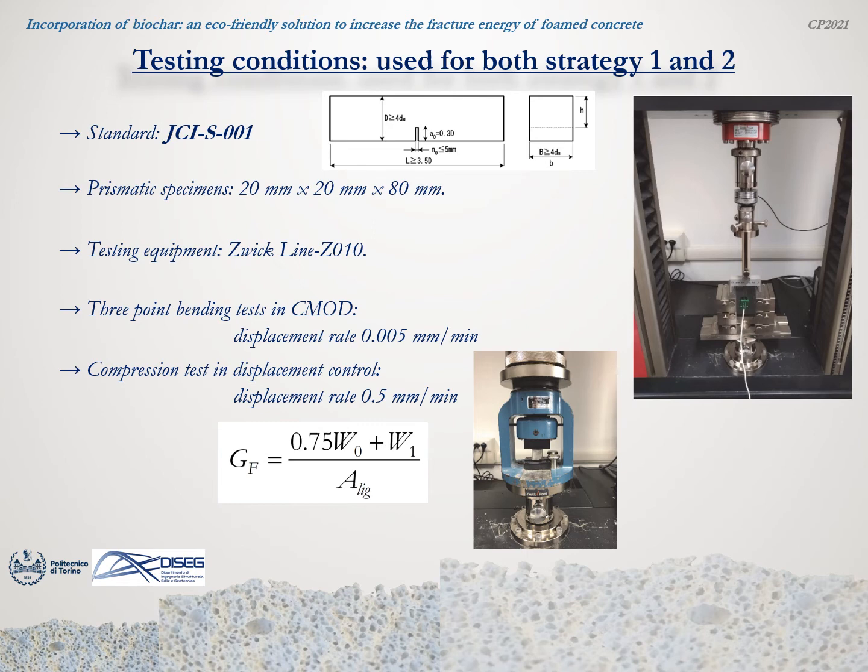At the end of the flexural test, the two halves of the broken prisms were tested in compression with a displacement rate of 0.5 mm per minute. The fracture energy is computed through the formula shown in the slide and reported in the standard, to which reference should be made for all the details.